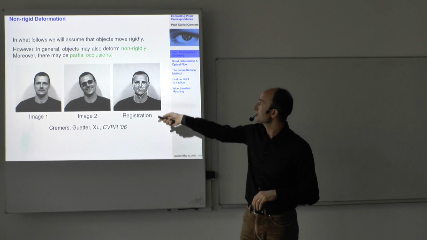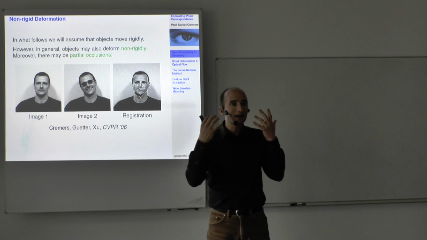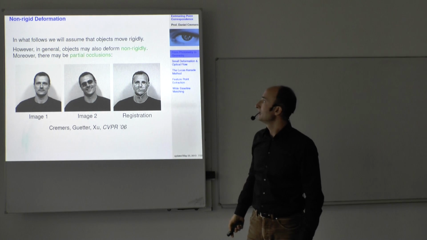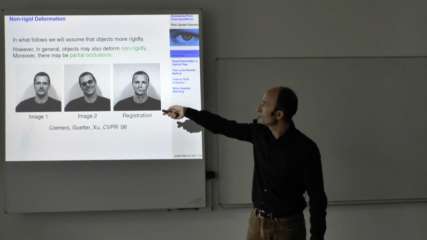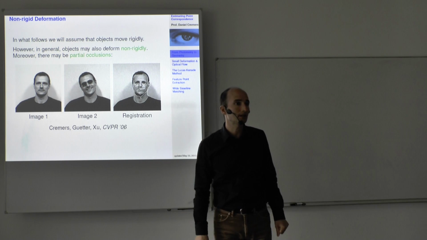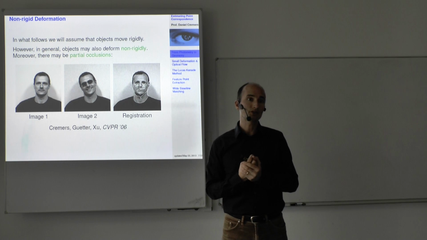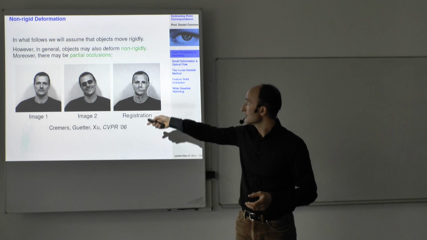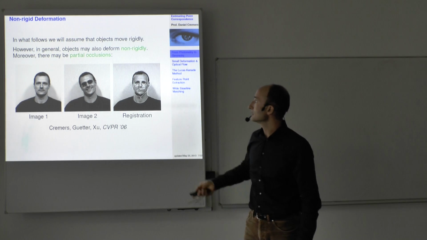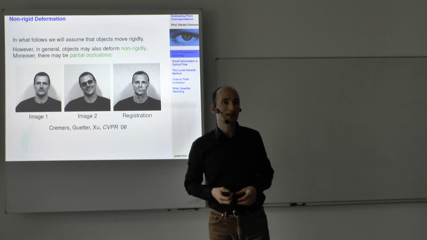In addition, all of a sudden, this is my co-author, Christoph Gütter, he starts to smile, so the whole face looks different, so there are deformations here. And then there are things like occlusions, where the same structure in one image looks completely different in another image, so we need algorithms that can identify correspondence even over substantial deformations where the head rotates substantially, and despite occlusions, despite changes in the appearance.